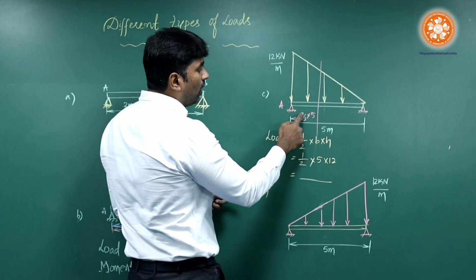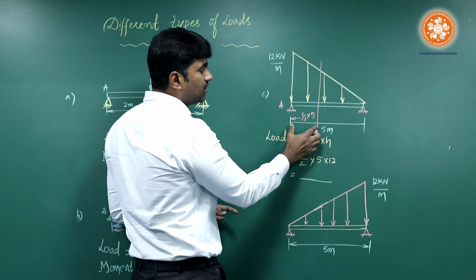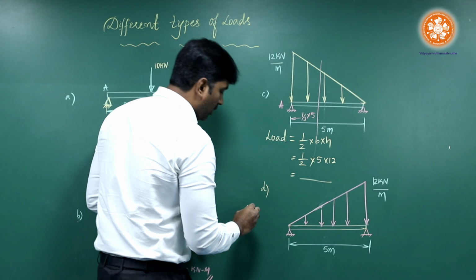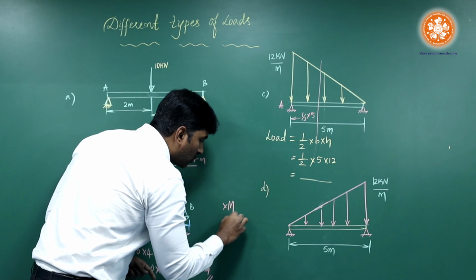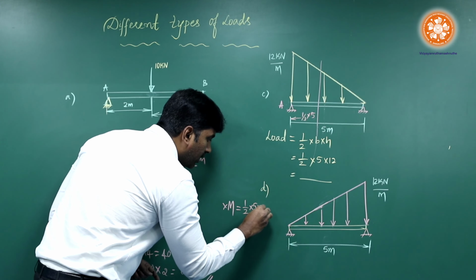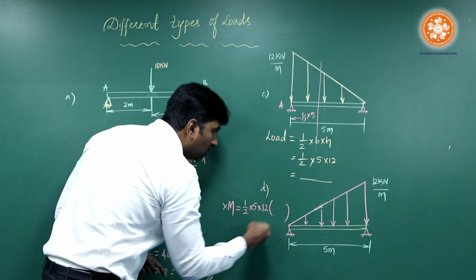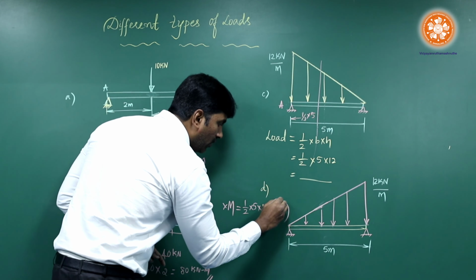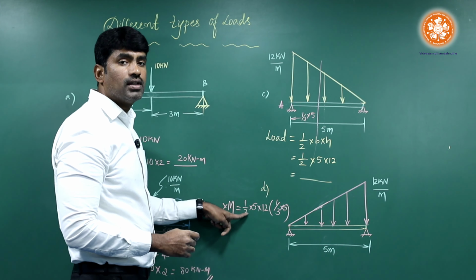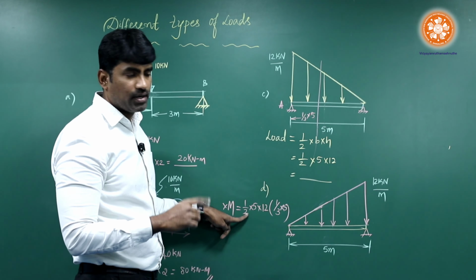So now 1/3 of the 5 distance is supposed to be taken to calculate the moment. Therefore, moment is equal to what? Half into 5 into 12 into the distance, which would be 1/3 of 5. So this is the important point you need to concentrate on.